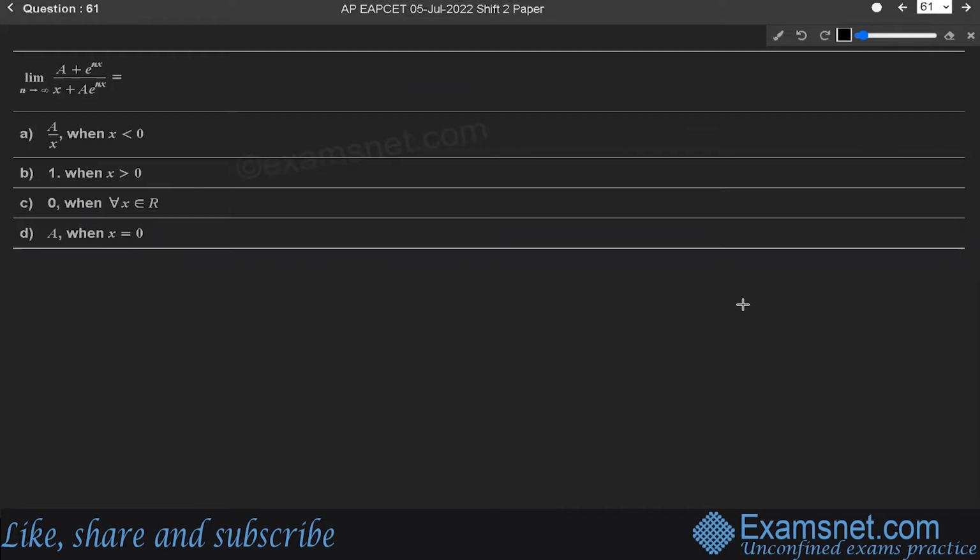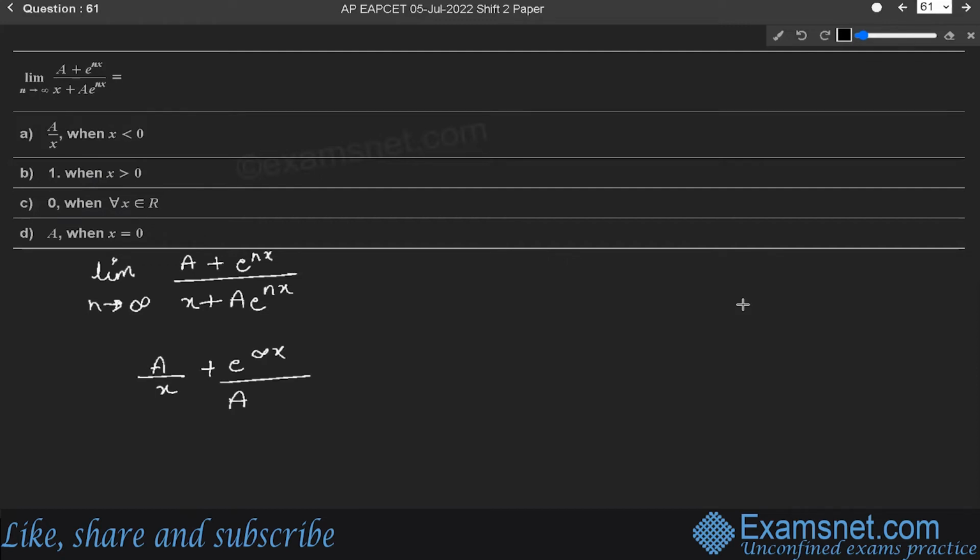Next question is also from limits and derivatives, and the question is limit n tends to infinity of (a plus e power nx) divided by (x plus a into e power nx). On applying the limits, it becomes (a upon x plus e power infinity into x) divided by (a into e power infinity into x), which will be 0 by 0.